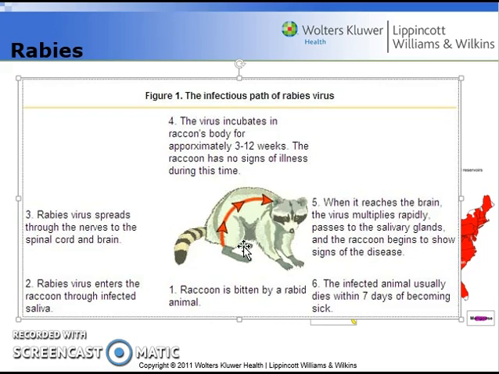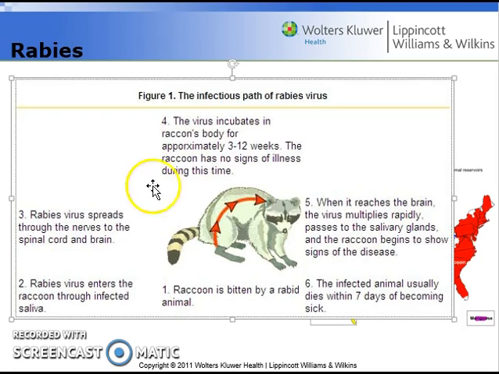The next step is a 3 to 12 week incubation period where the raccoon's body starts to succumb to the rabies virus. The raccoon is no longer going to exhibit signs of illness during the 3 to 12 week incubation period.